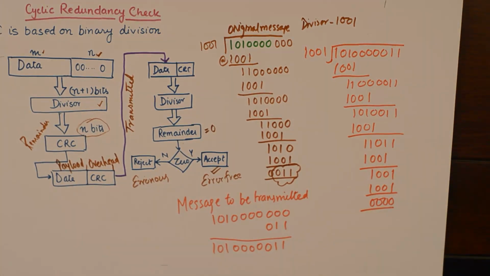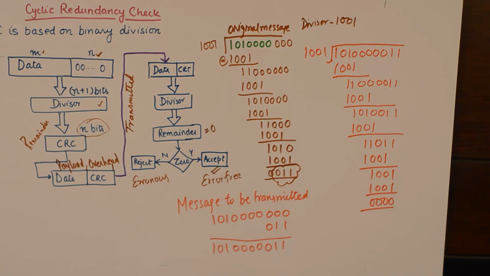So that is how cyclic redundancy check works. We append our data, we add additional payload, which is calculated as a remainder using this method.